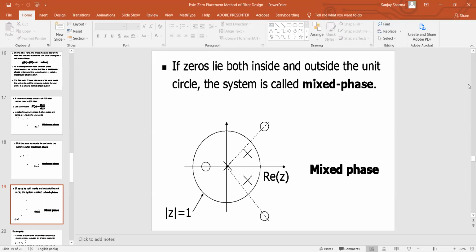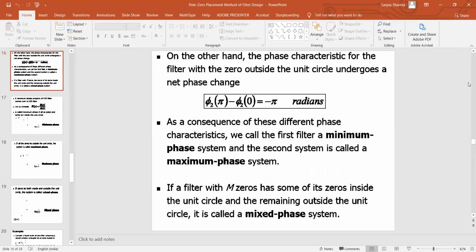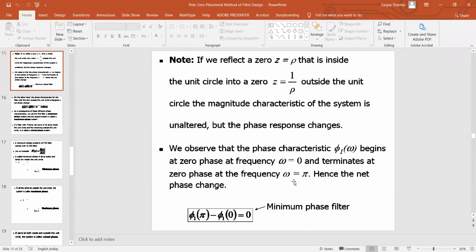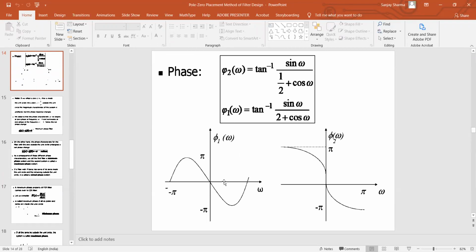Okay, so what is the minimum phase and maximum phase? Let me repeat once again. At omega equal to 0, it starts from 0. When omega reaches pi, it goes to 0. So net phase change is 0, right? So this is minimum phase. But in the other case, the zeros are outside the unit circle.